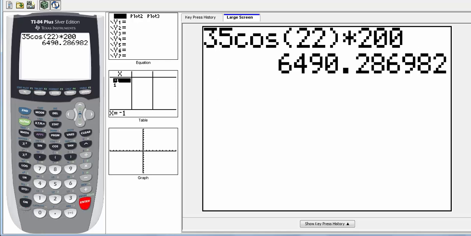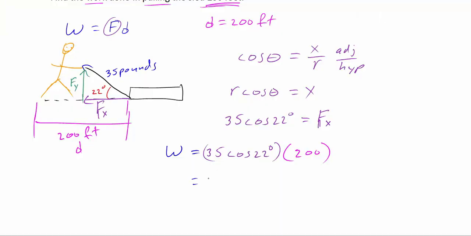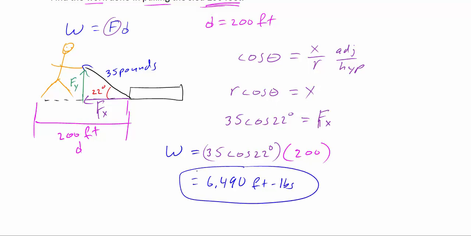And we get 6,490, and I'm just going to round that to the nearest whole number. So 6,490. And again, here we're talking about feet and pounds, so this would be 6,490 foot-pounds.